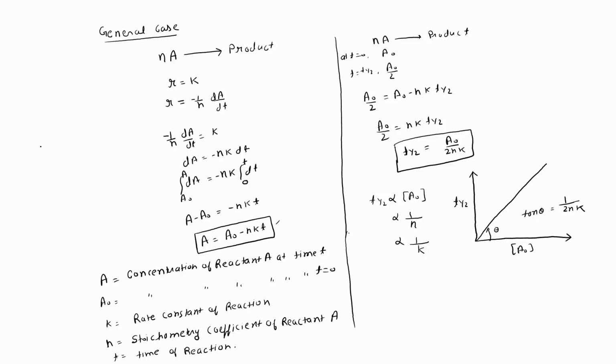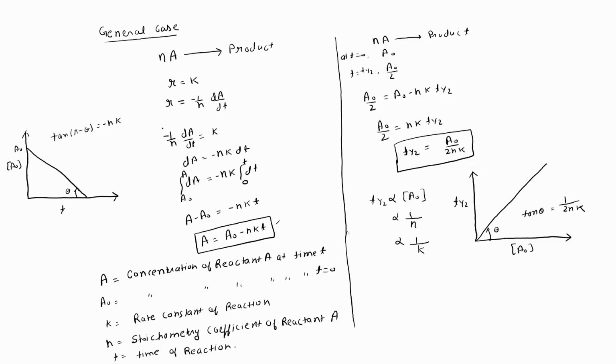If we make a graph of concentration with respect to time, A naught with respect to t, it will start from here. Here it is A naught, and if this angle is theta, then tan of pi minus theta is equal to minus nk. So the slope will be minus nk, not k. Here we have the stoichiometric coefficient.